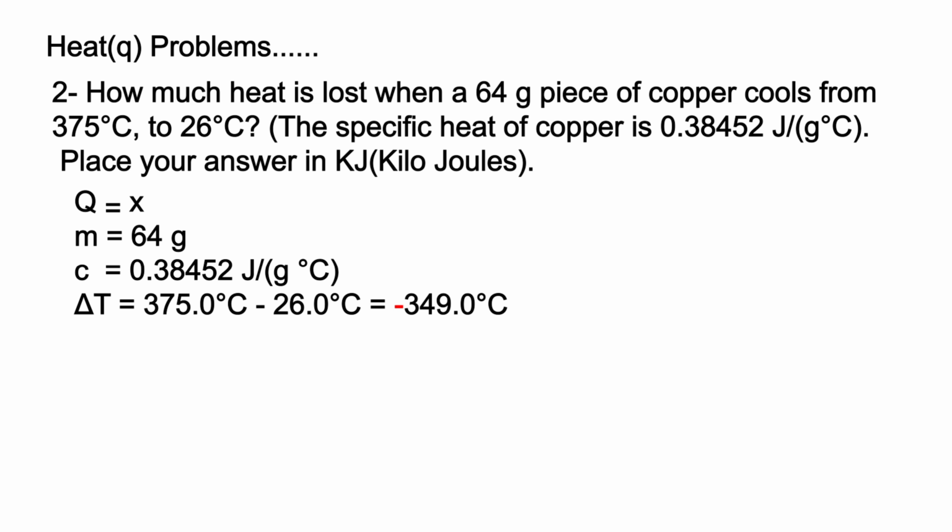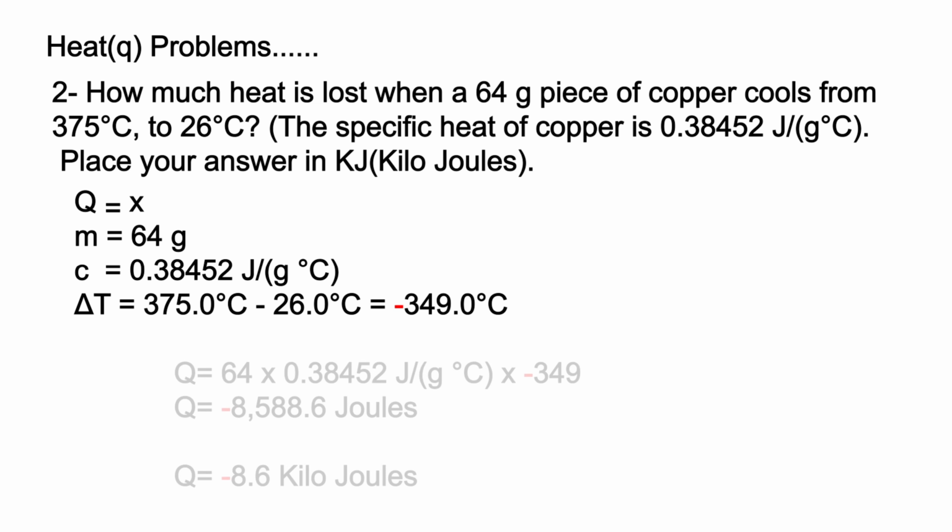Delta T is equal to 375 minus 26. We'll have 349, but it's negative. Why? Because we are losing temperature. The temperature is decreasing from 375 to 26, so we lost negative 349 Celsius.